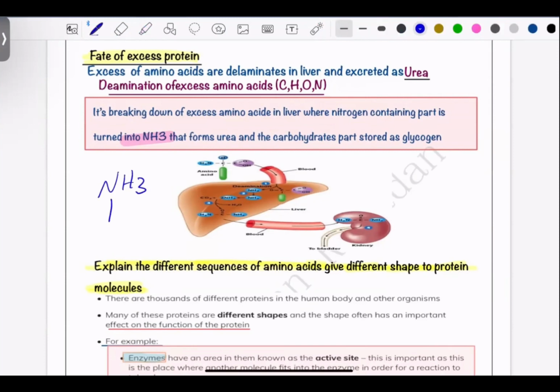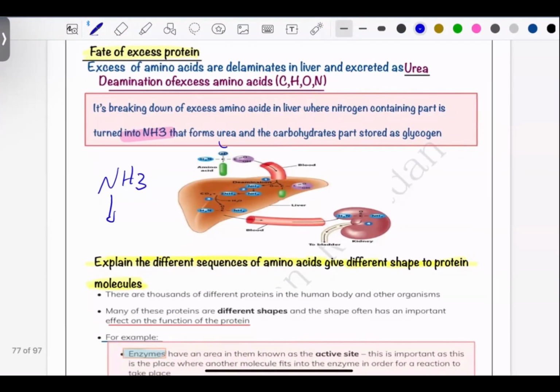This NH3 forms urea, and this urea moves to the kidney to get out of your body in the form of urine, when it dissolves with water and excess salts. This urea is a very toxic substance and harmful to stay in your body. It is formed in the liver, but your body excretes it by the kidney.